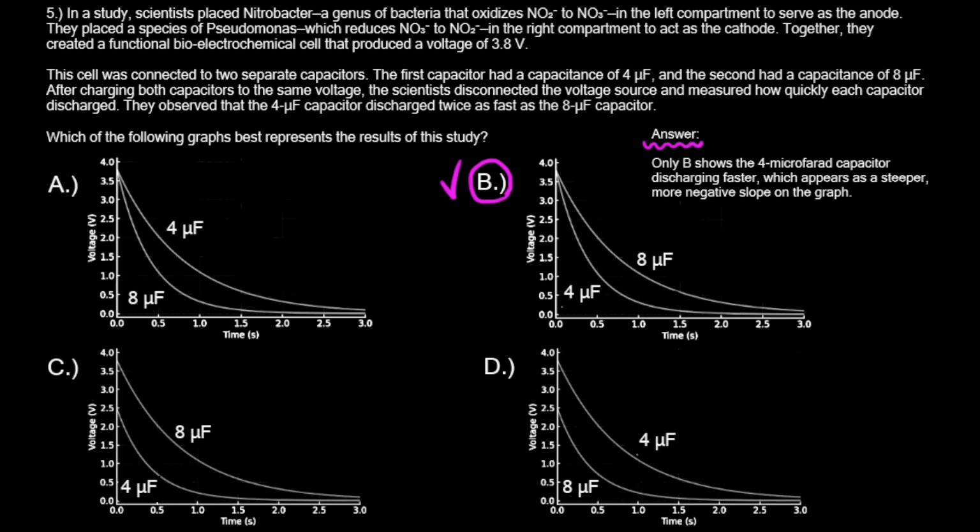The question tells us that both capacitors were charged to the same initial voltage, so we can immediately eliminate options C and D. Now we're left with options A and B. Both start at the same voltage, but only B shows the 4 microfarad capacitor discharging faster, which appears as a steeper, more negative slope on the graph. That's why answer choice B is correct.